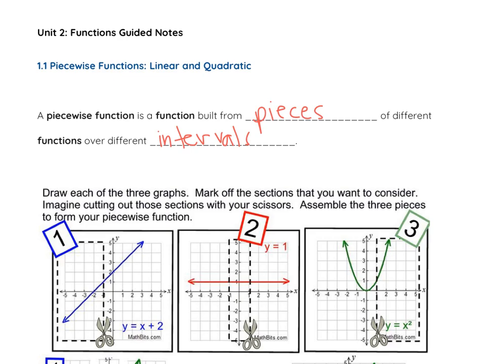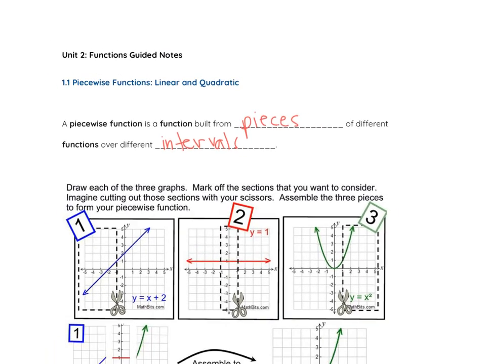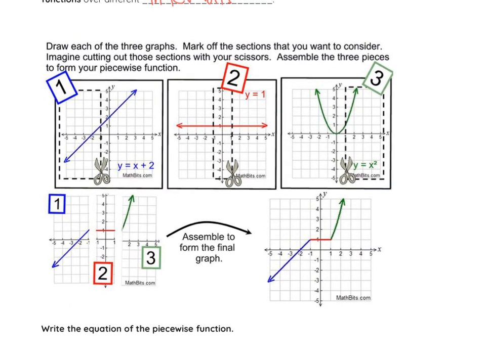So I have a graphic here to help explain that topic. See how we have three different functions, number 1, number 2, and number 3. If we imagine cutting off a piece of each of these, in this case, just looking at this piece of this linear function, this piece of the constant function, and then just this piece of the quadratic function.